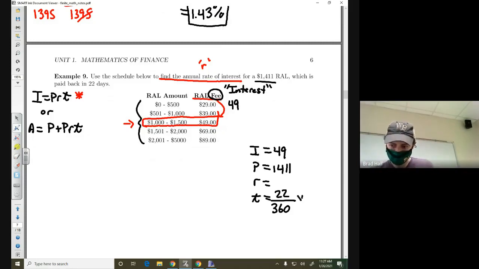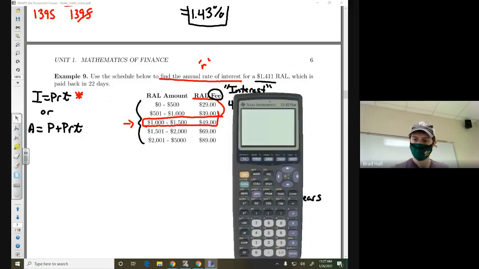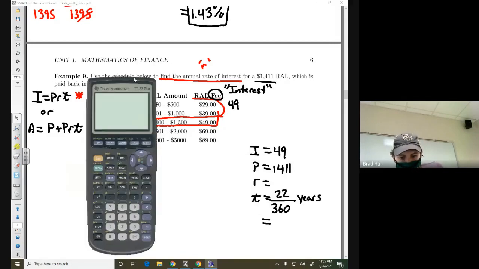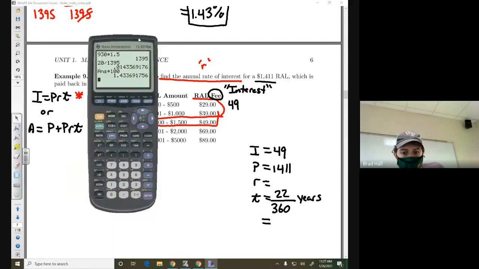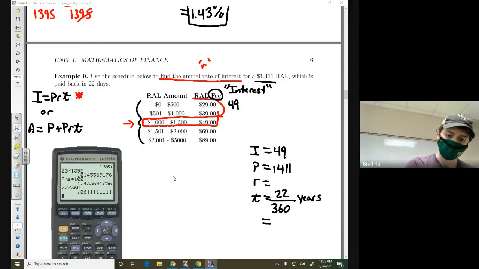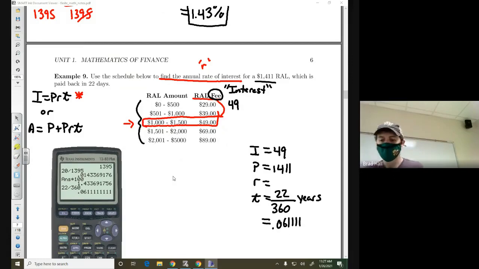And we can go ahead and convert that to a decimal quite fast. Okay, so this was 22 divided by 360, and we get some not so nice decimal, 0.061111.